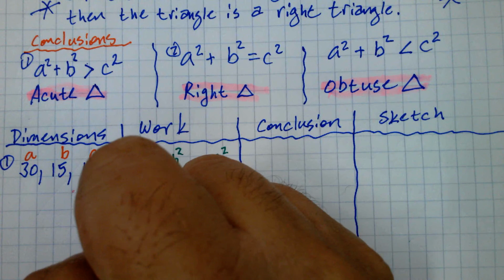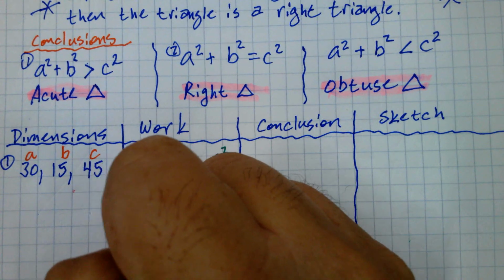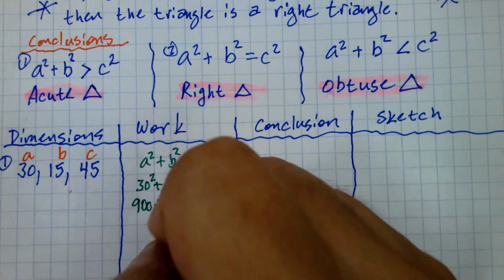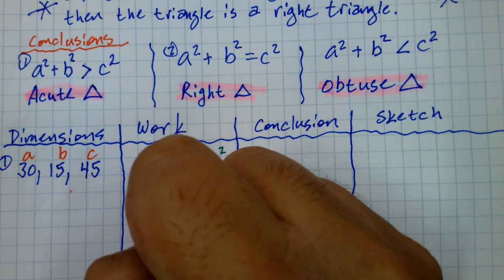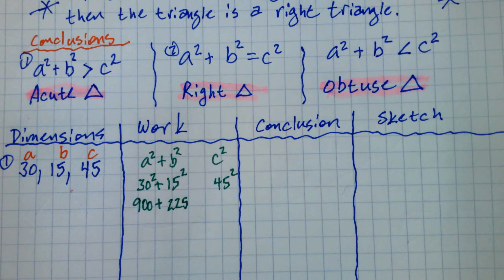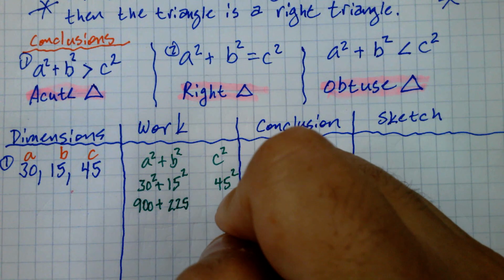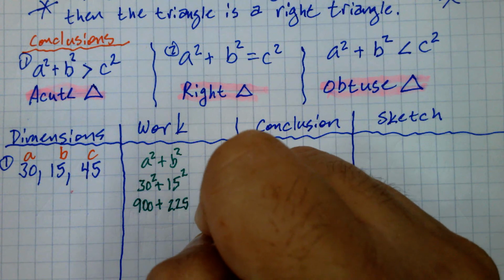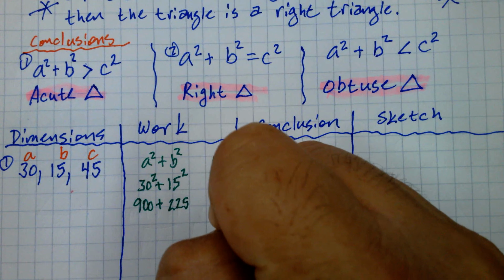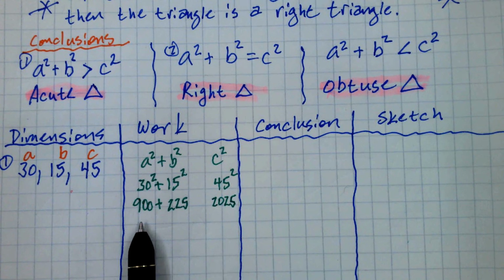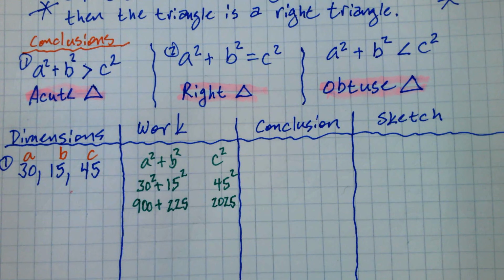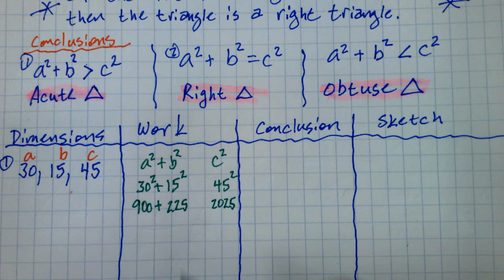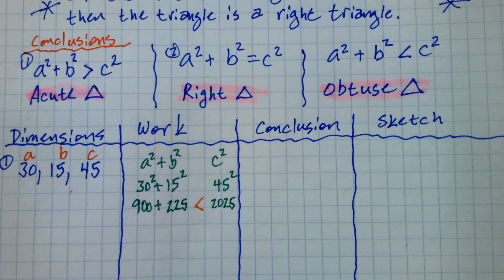That would be 900. And then 15 squared is 225. And then 45 squared, that's 45 times 45. That's 2025. So the question is, which is bigger, 900 plus 225 or 2025? 2025 is going to be bigger. Okay, so our conclusion is, what kind of triangle do we have?